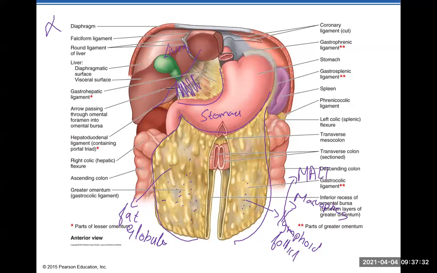So it's giving us protection in two ways. Protecting our peritoneal cavity against various microorganisms, because it's very rich in lymphoid follicles. And number two, since it's rich in fat globules, it's covering the front part of the abdomen.